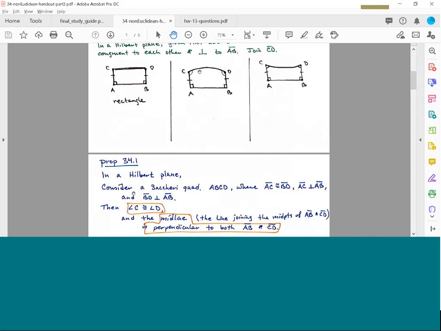The second claim in this proposition is that this midline is perpendicular to AB as well as CD. In a rectangle, what would you get? You get a line that's parallel to the sides. Okay. We're not assuming Playfair's axiom holds, so no guarantees about that in the other 2 guys.